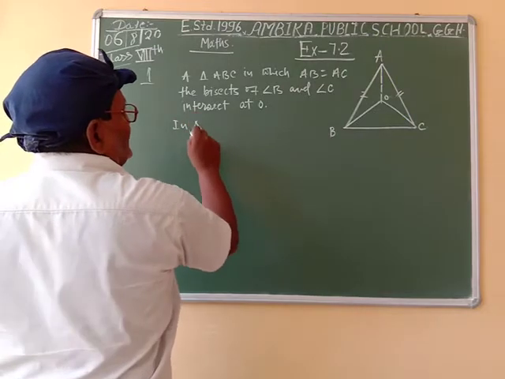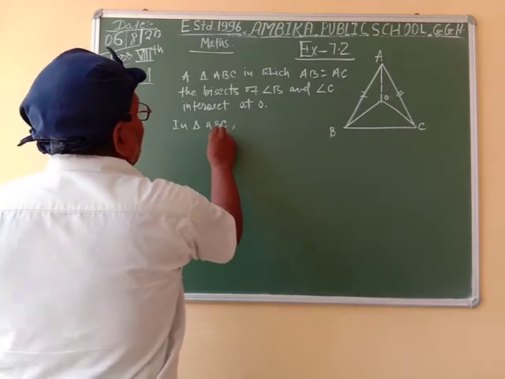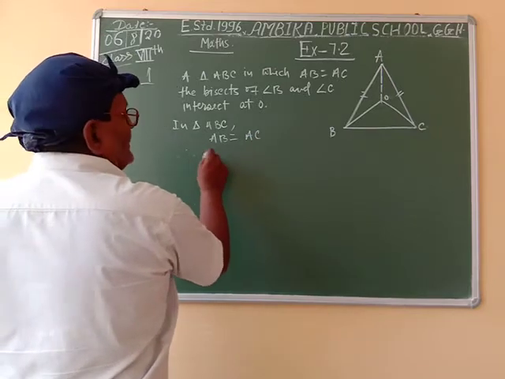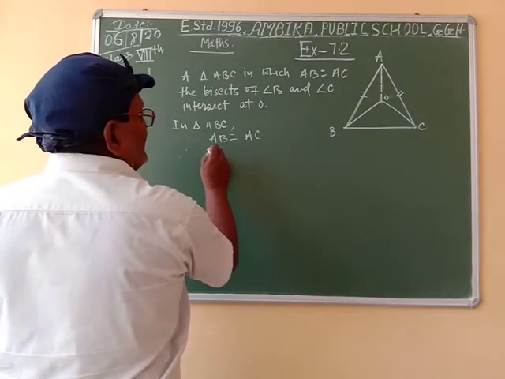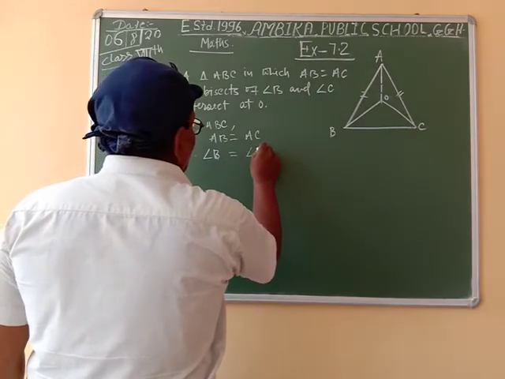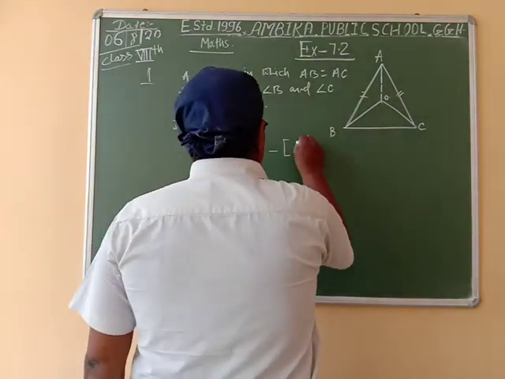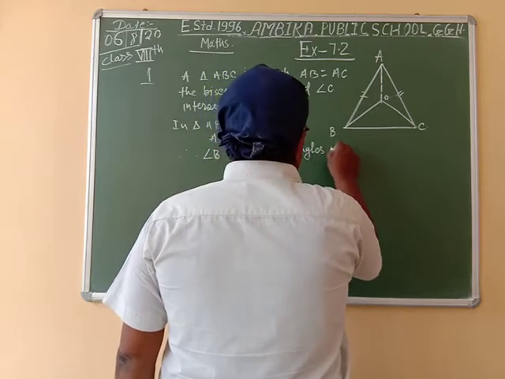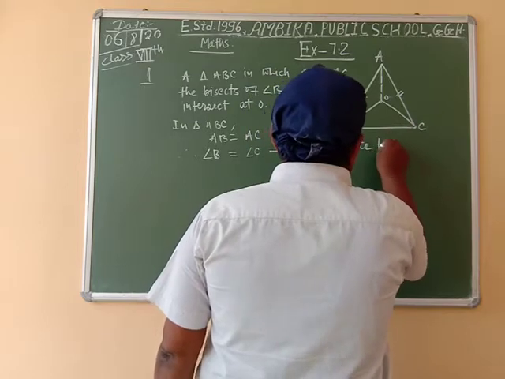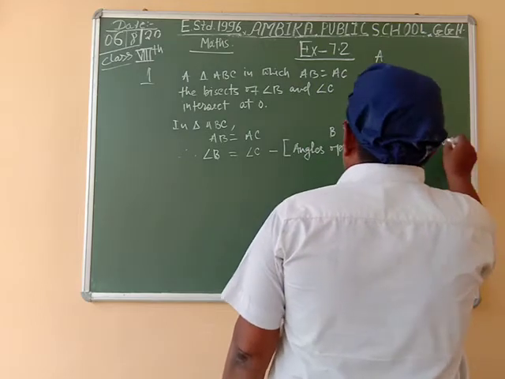In triangle ABC, AB is equal to AC. Therefore, angle B is equal to angle C, because angles opposite to equal sides are equal.